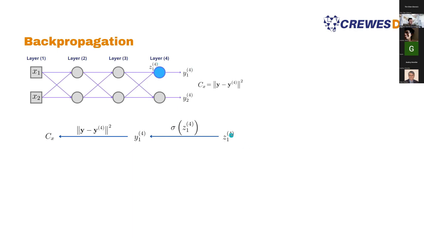And the input of this neuron is the line equation. So this z1,4 is going to be the output of the previous layer from this neuron multiplied by this weight, plus the output of this neuron here multiplied by this weight, plus a bias that we have here.